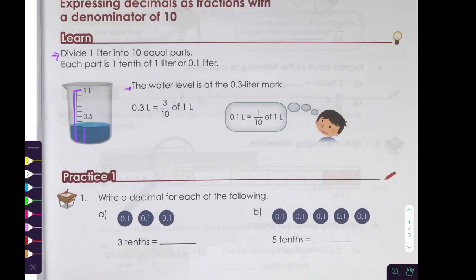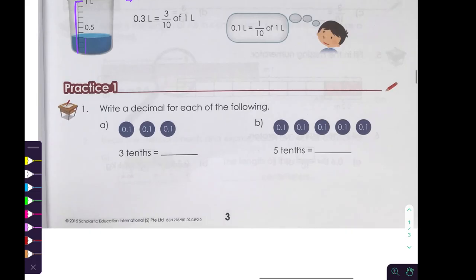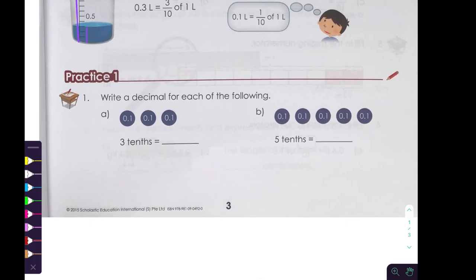So really pay attention to the parts that we divide this cup into. If you feel like you need to go back to the previous page, just go back to the previous page and watch it again. Let's do one practice together.